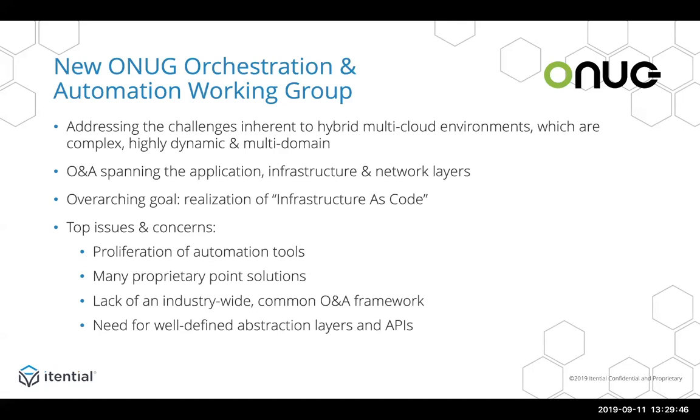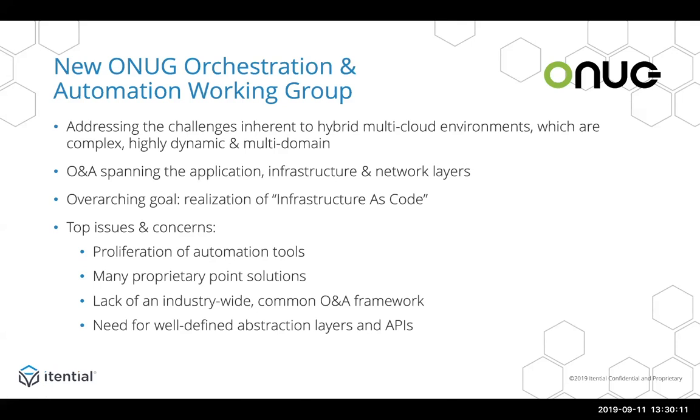We're also looking at orchestration and automation spanning not only the network layer, but the infrastructure layer and up to the application layer. It turns out at the application layer, they've already gotten a pretty good running start on employment of automation techniques, but that has to be driven down right through to the network layer. And I think as Chris pointed out, the overarching goal here is infrastructure as code.